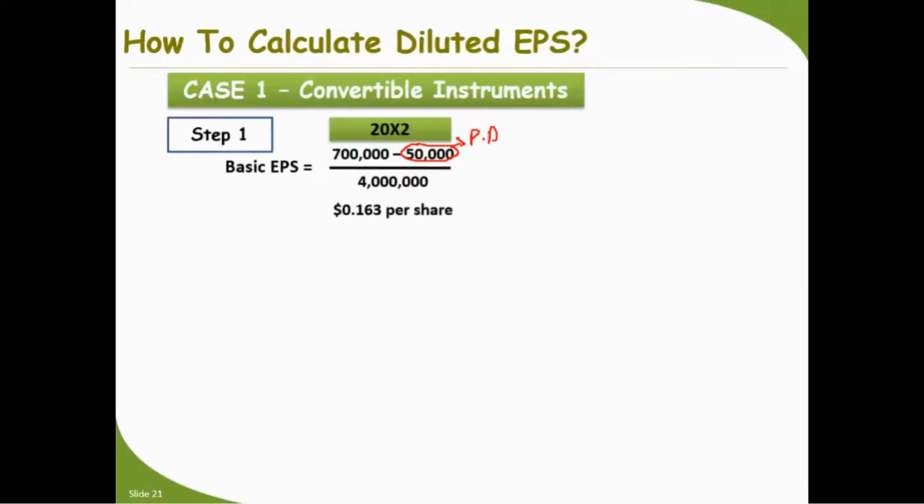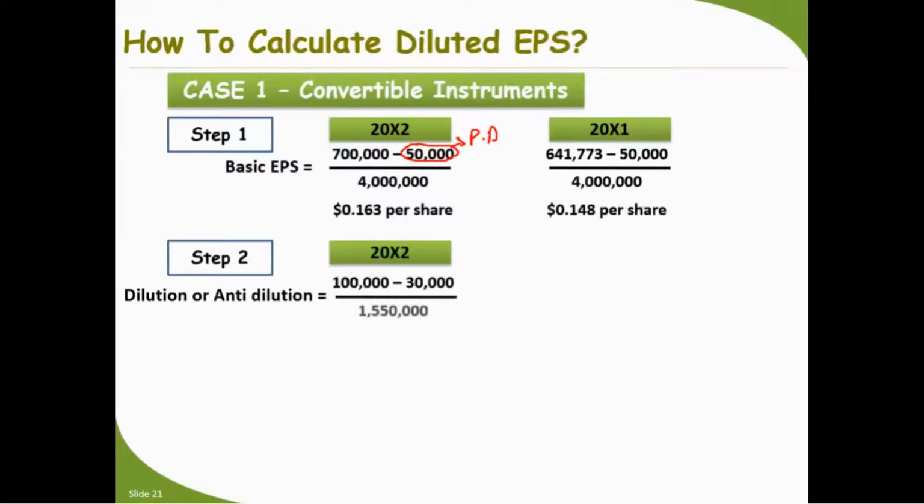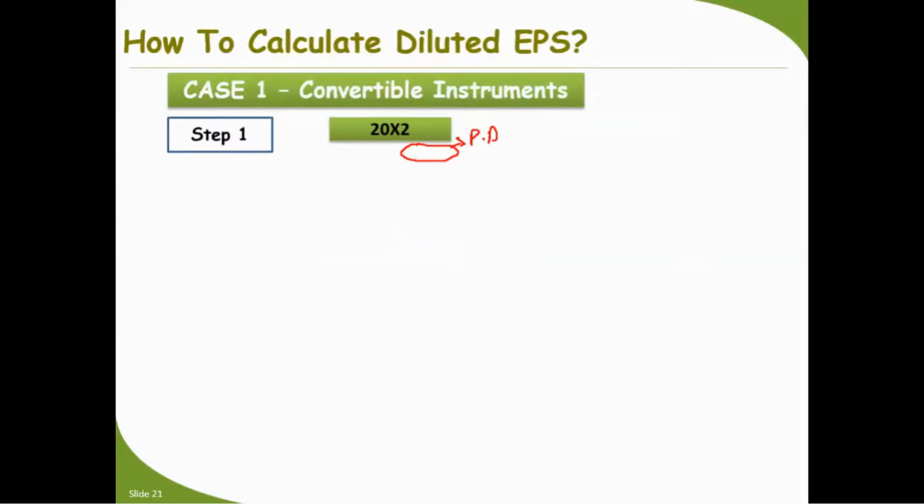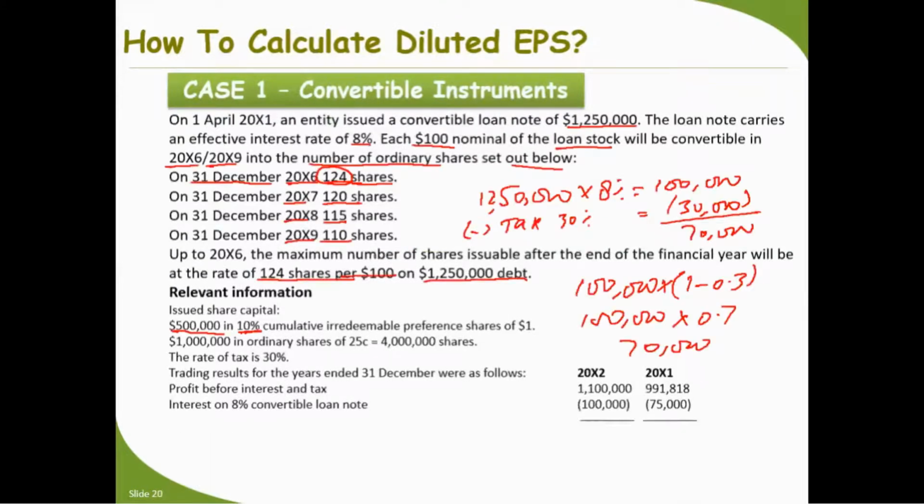That is your notional profit numerator divided by notional number of shares. We know 1.25 million dollars, divided by 100 times 125, because for every $100 we are supposed to issue 125 shares. So sorry, we'll have to check, 124, sorry, not 125.